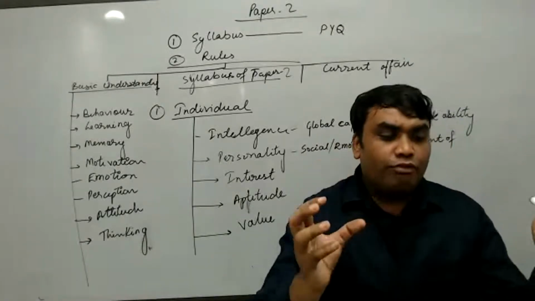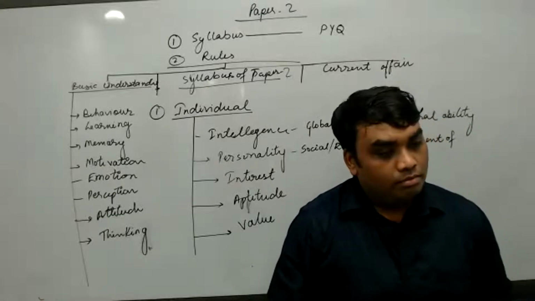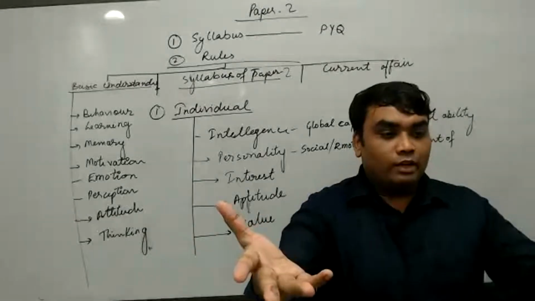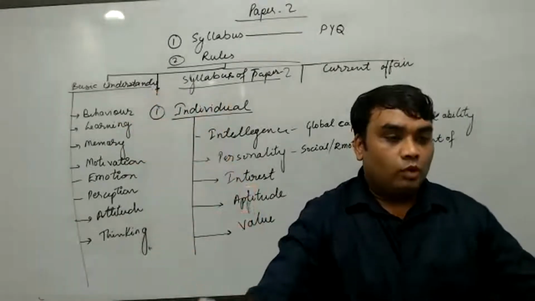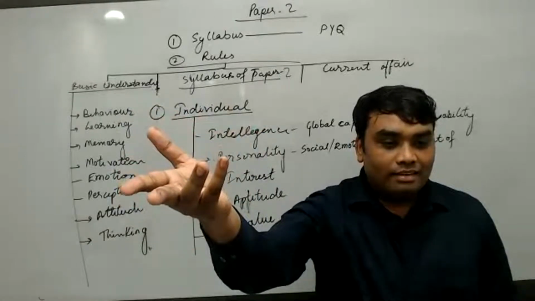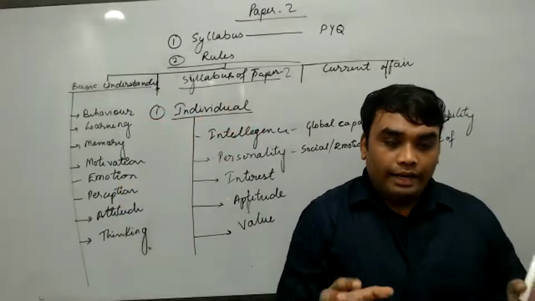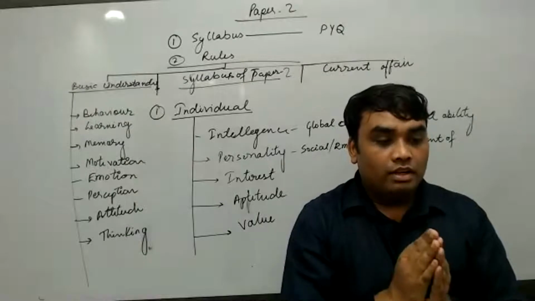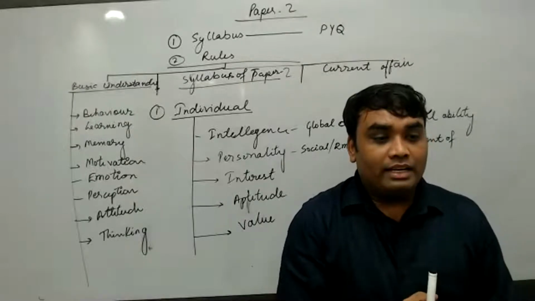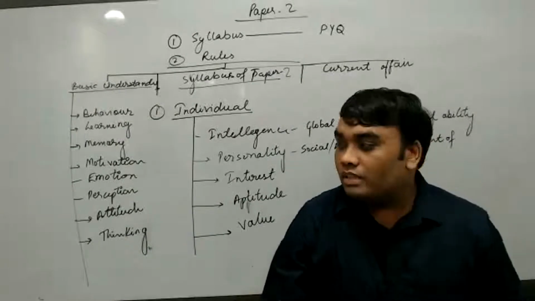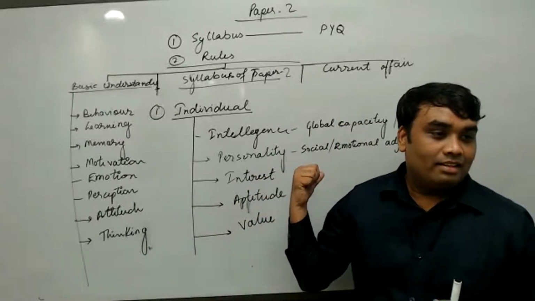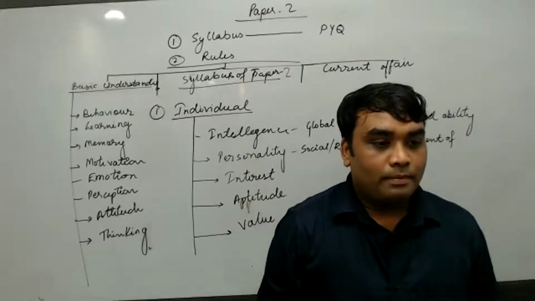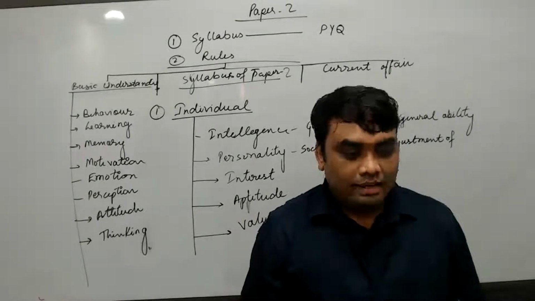The adjustment reflects your personality. If you are adjusting well in your society, your personality will obviously be good, and people will like your personality. And if your emotional adjustment is very poor, you start to cry, you become furious, angry, quickly tense. So that is your personality. How many types of adjustments can there be? Like you were told: assimilation, accommodation, revolution. Different types.